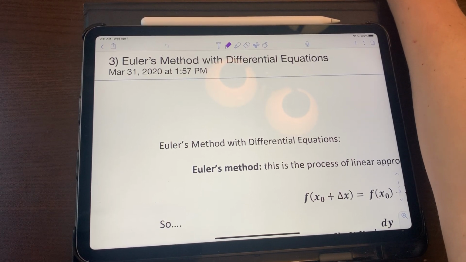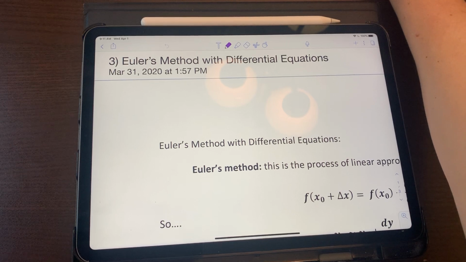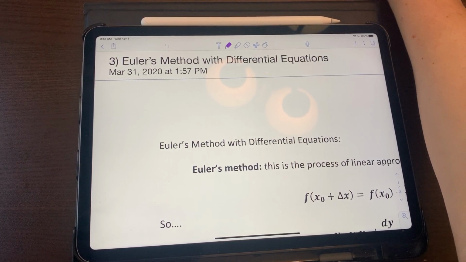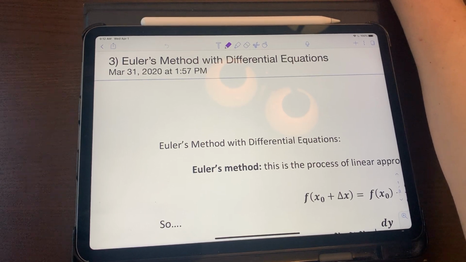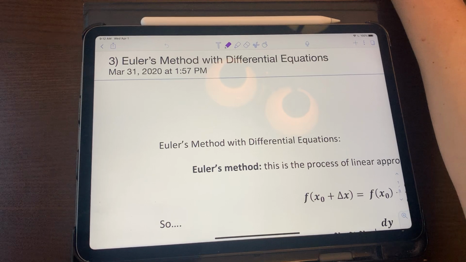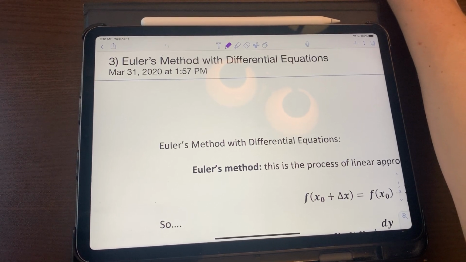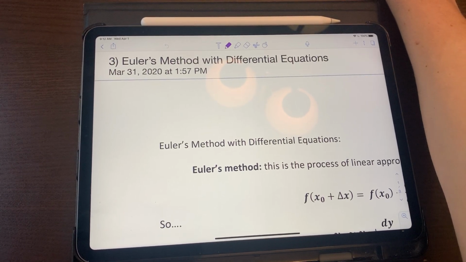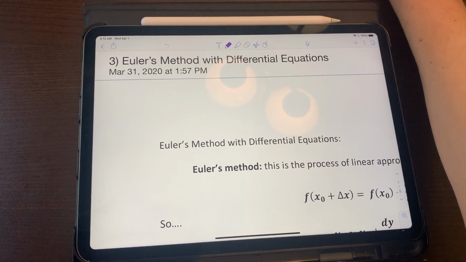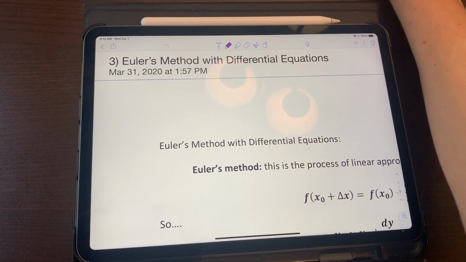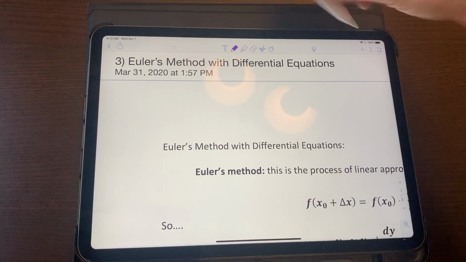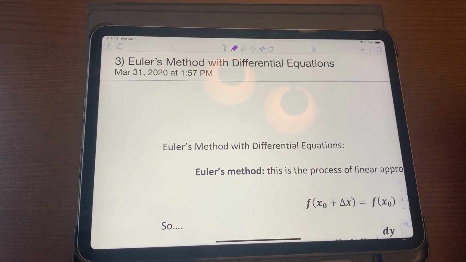And there are times when we need something more. For example, when we need to determine how a specific solution behaves or a specific value that the solution will take. In these cases, we're going to have to use a numerical method that will allow us to approximate solutions to differential equations. So Euler's method is basically an approximation of a solution.